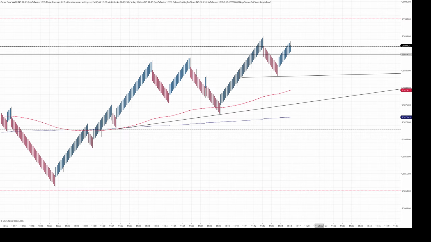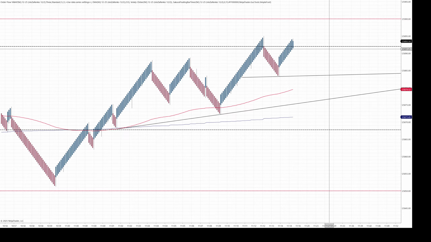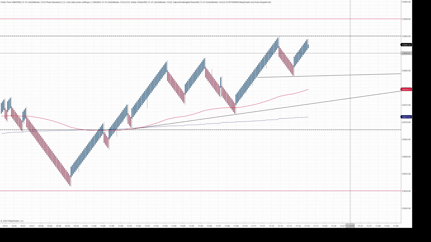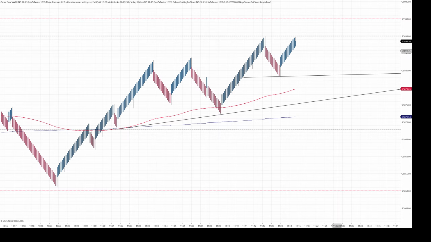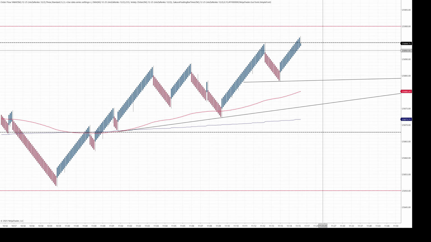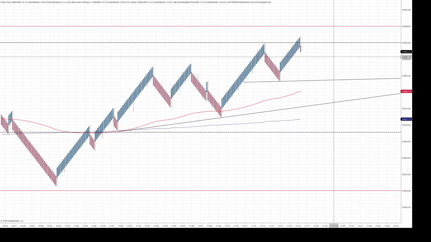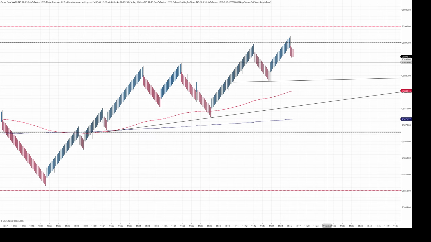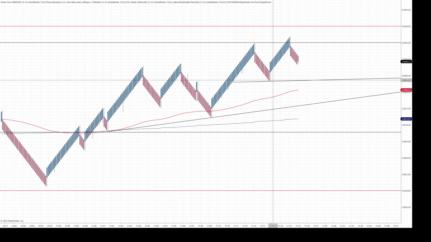Let's see if we get that. All right, we won't be able to take that reversal on 900 anymore, because we're probably going to be drawing a trend line that goes like that.